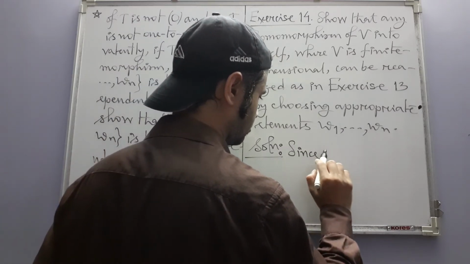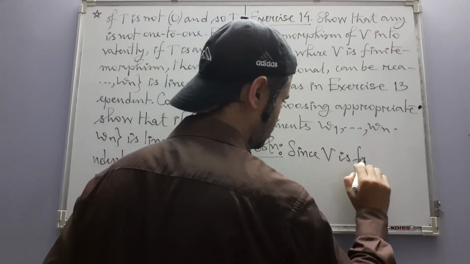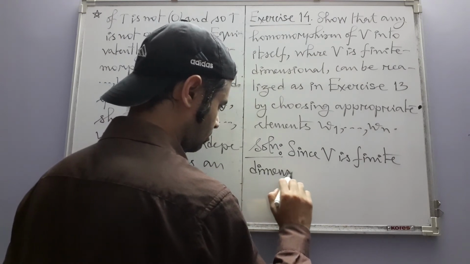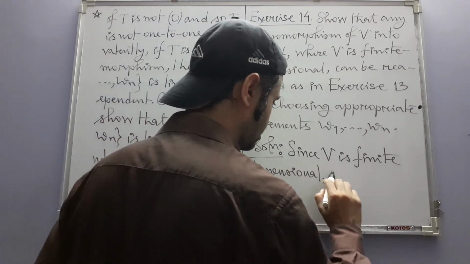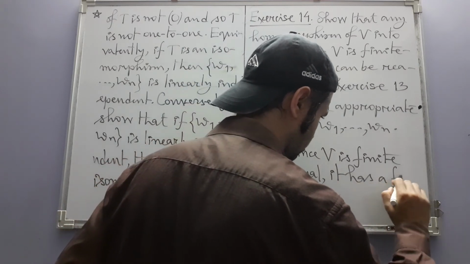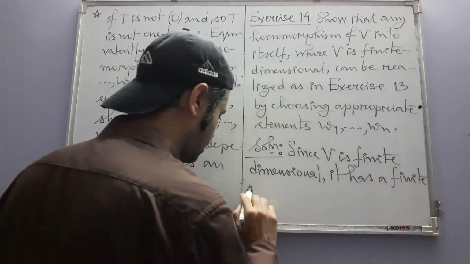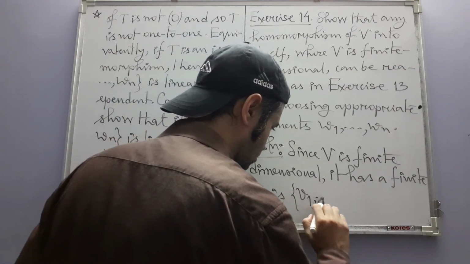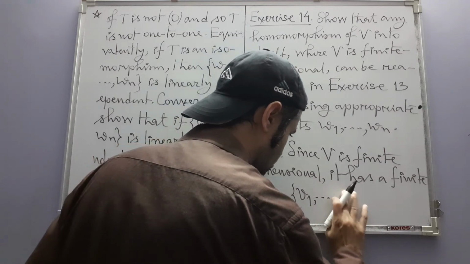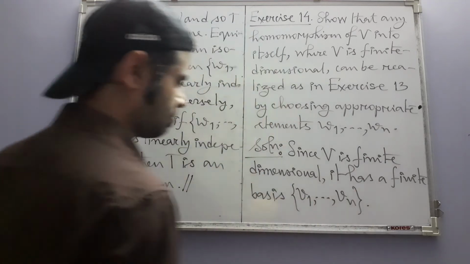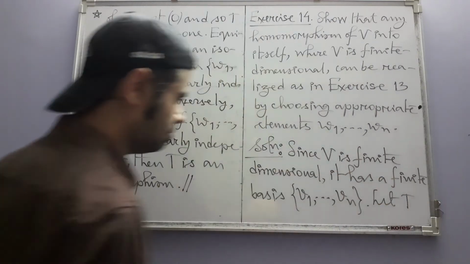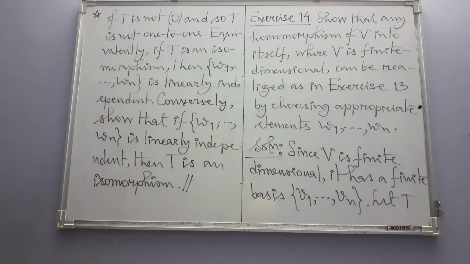Since V is finite dimensional, it has a finite basis. Let T be, now we cannot define T. T is any homomorphism.